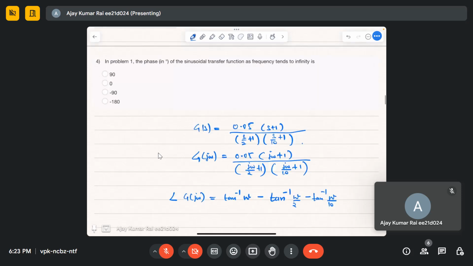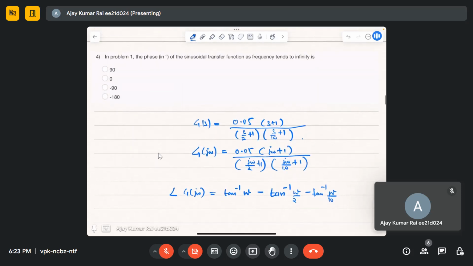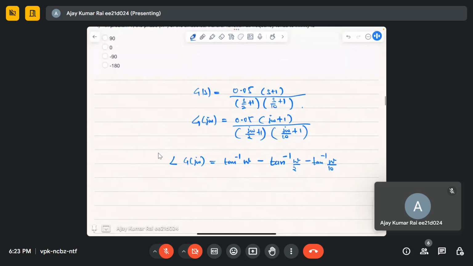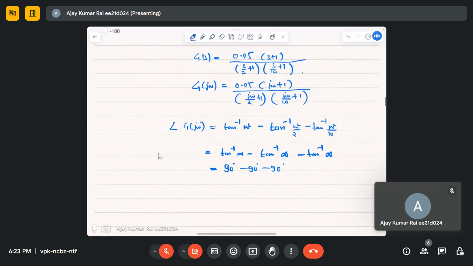And what you have to find out is the phase as frequency tends to infinity, as omega tends to infinity. So what is tan inverse of infinity? If you put this, it is 90 minus 90 minus 90. You know tan inverse of infinity is equal to 90, right?